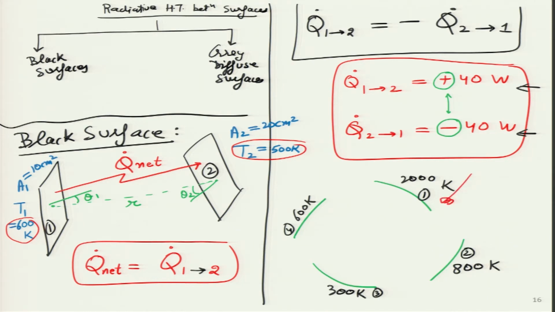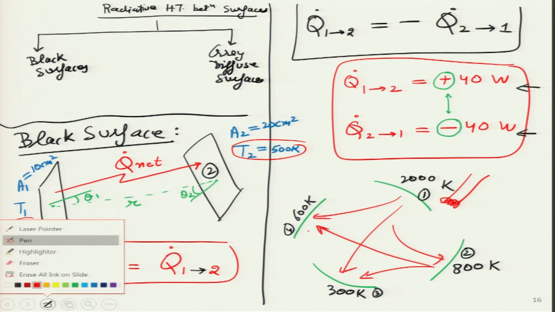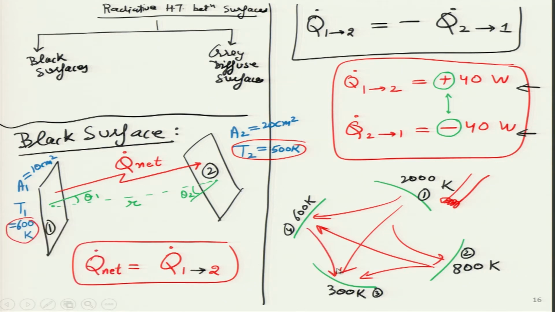Over there it looks like the hottest surface is 2000 Kelvin, we may have to give a heater over there, then some heat will travel here, some will travel here, some will travel there. Then from this surface also some may come here, because 800 gives to 300, from here to here 800 will also give to 600, and finally 600 will also give to 300.